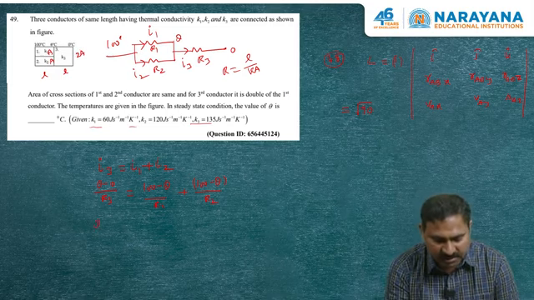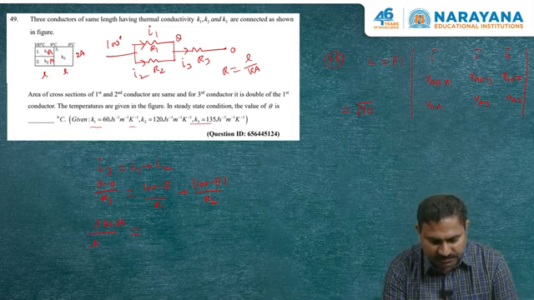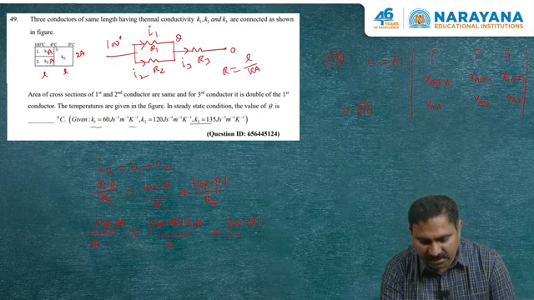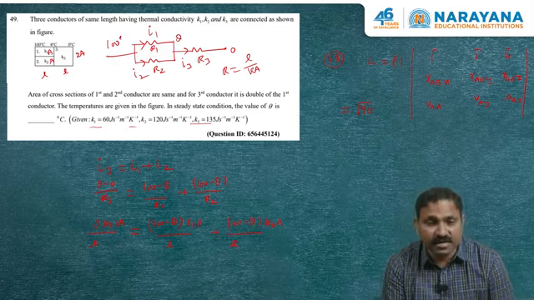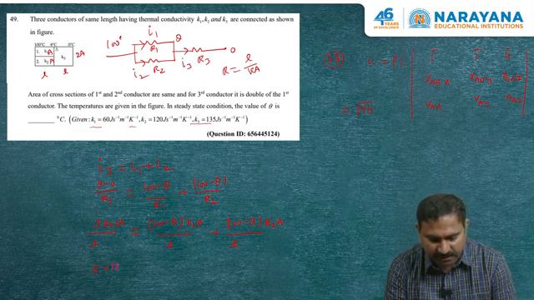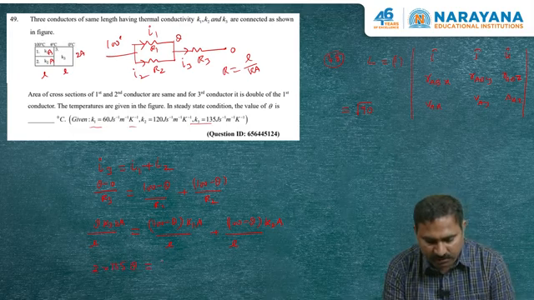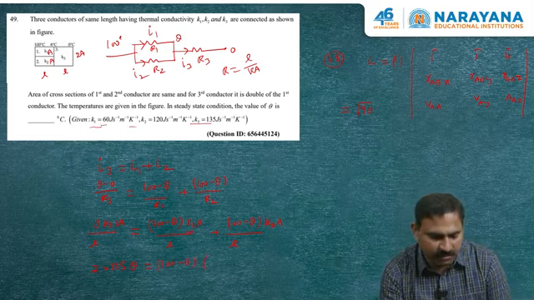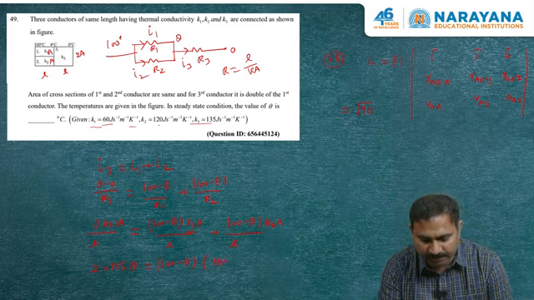So, this can be written as theta by L by K3 into 2A equals 100 minus theta by L by K1 into A plus 100 minus theta by L by K2 into A. In all these expressions A by L can be taken common. So, substituting the value of K3, 2 times K3 is 135 into theta equal to 100 minus theta, which can be taken common, then we are left with K1 plus K2, which will be 180.